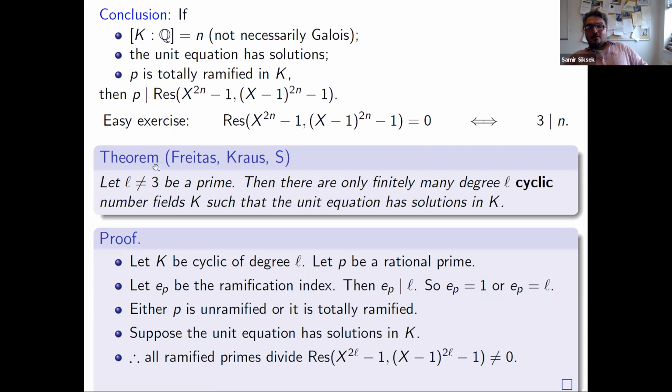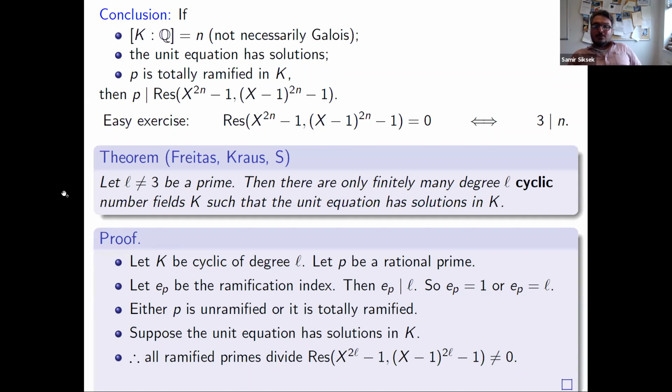So now what I'm going to do is sort of cheating, but it's a nice way to obtain a theorem. I'm going to take my degree to be a prime L that isn't 3, just because of this problem here with 3.